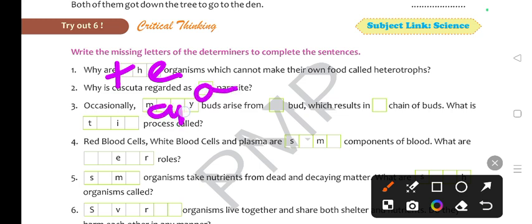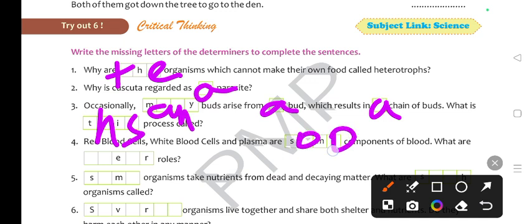Occasionally, many buds arise from a bud, which results in a chain of buds. What is this process called? Red blood cells, white blood cells, and plasma are some components of blood. What are their roles?